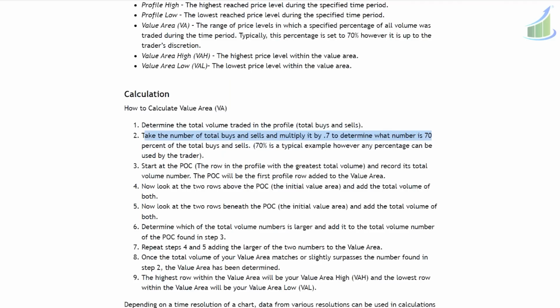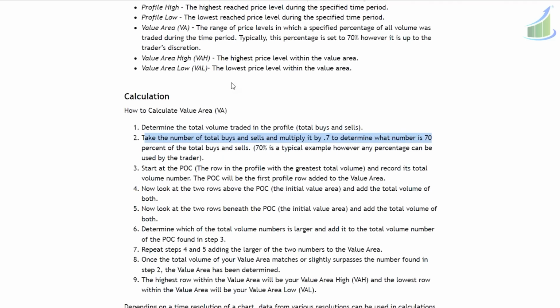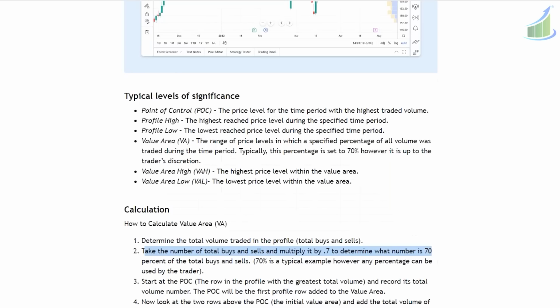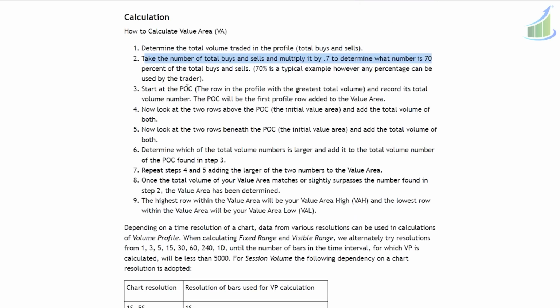As I showed you in the volume profile, this bright part is actually total volume times 0.7. That means 70% of the volume is traded in this particular bright area.